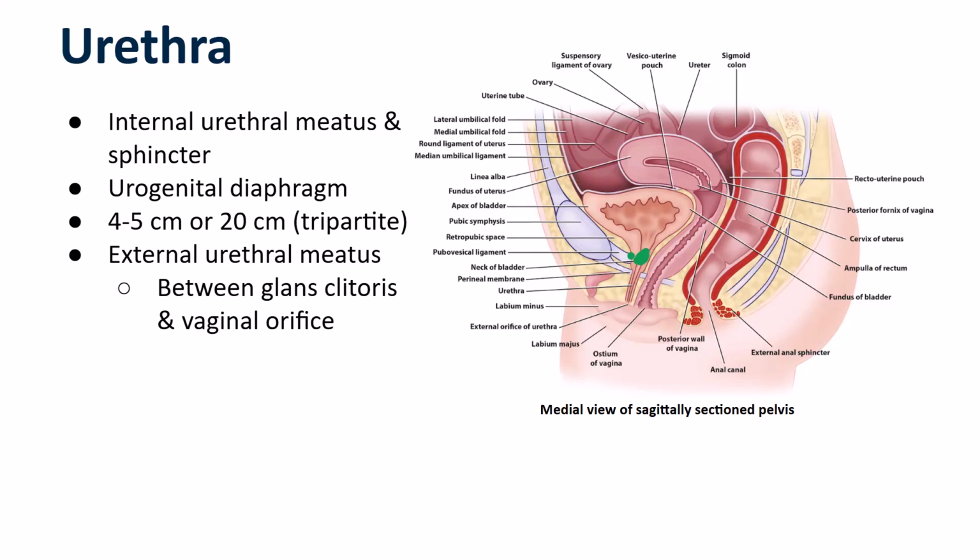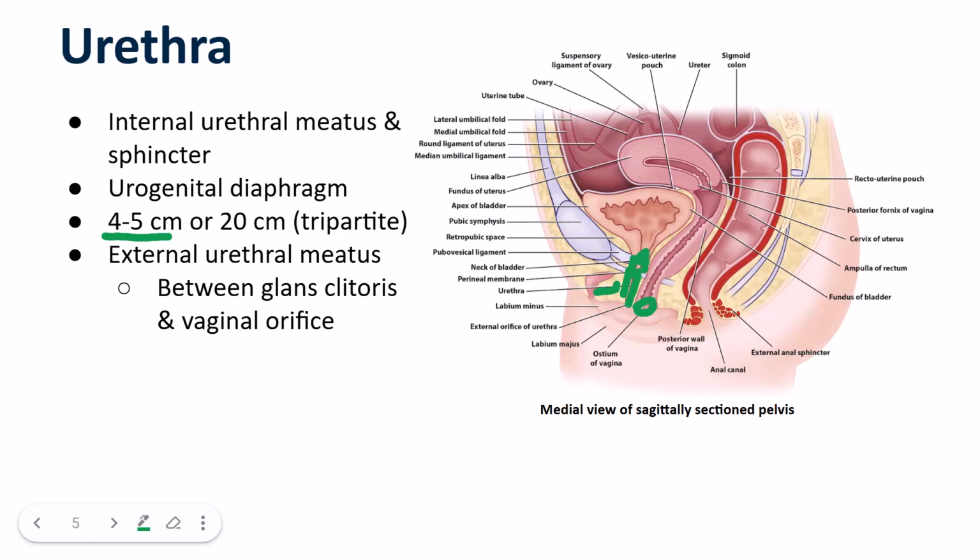It passes through the urogenital diaphragm and it extends out to the external world and typically may be found between the glans clitoris and the vaginal orifice. That would be for a short urethra. Those are generally 4 to 5 centimeters in length.